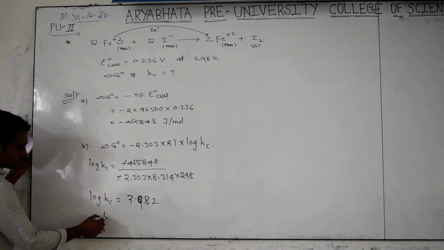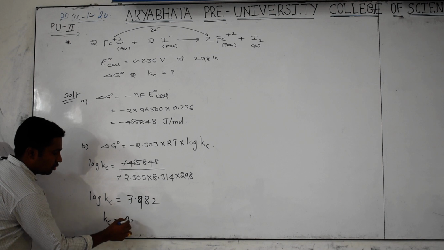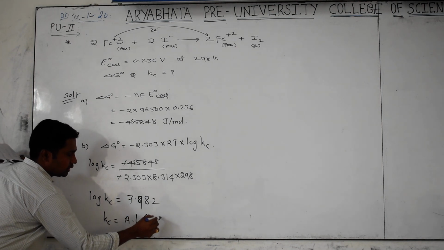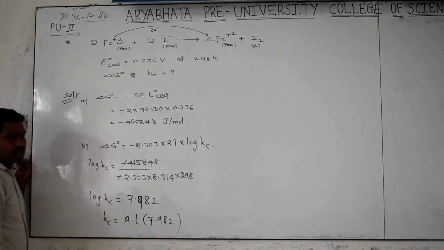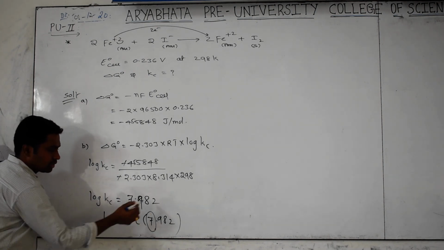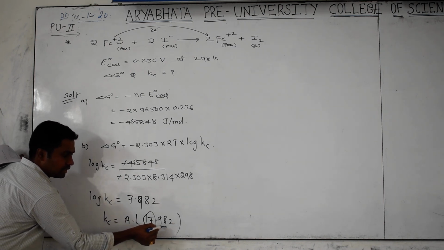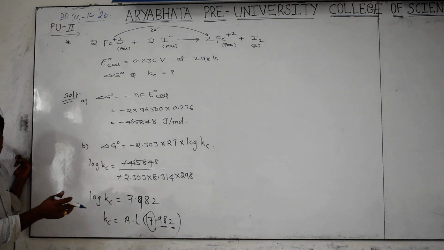But I want Kc. If you want Kc, what should I do? Log inverse, which means anti-log. Anti-log of 7.982. How do you see anti-logarithm? Before the decimal, whatever digit is there, keep it aside. In the anti-logarithm table, you have to look for 98 and 2.